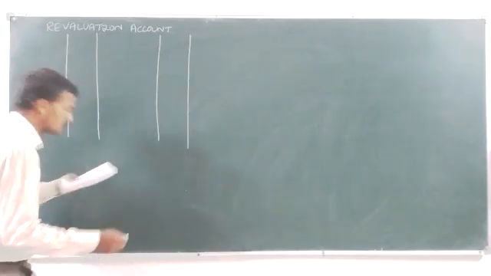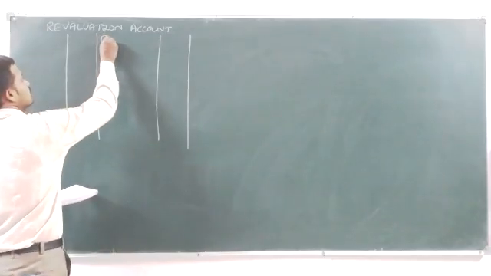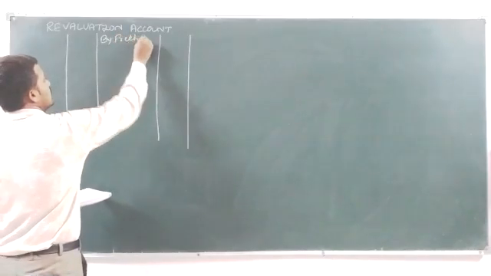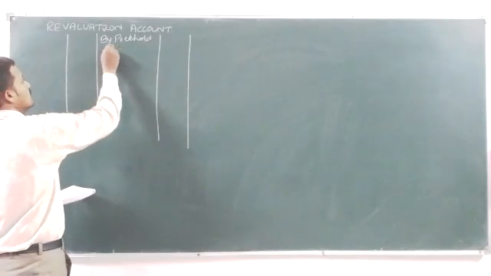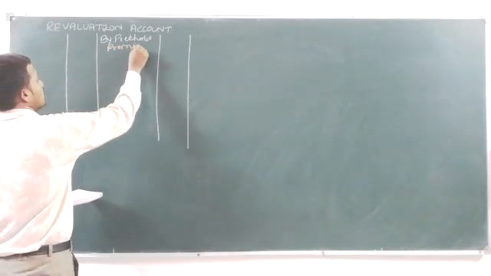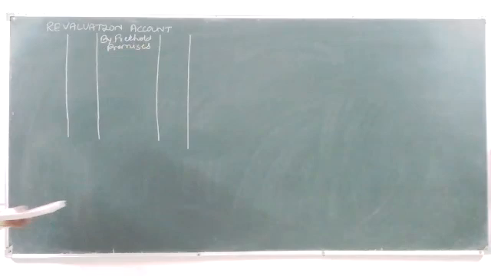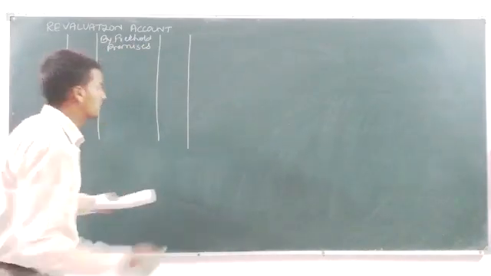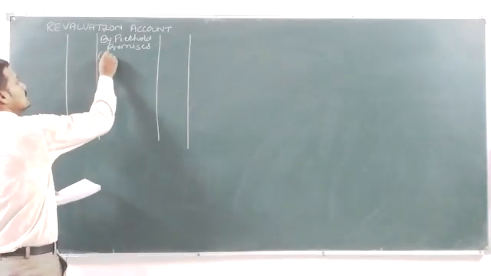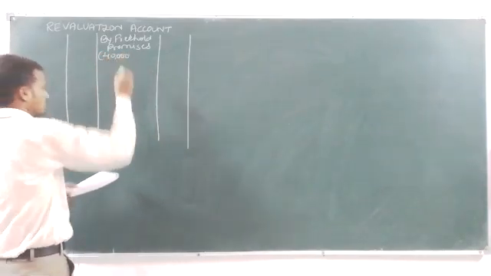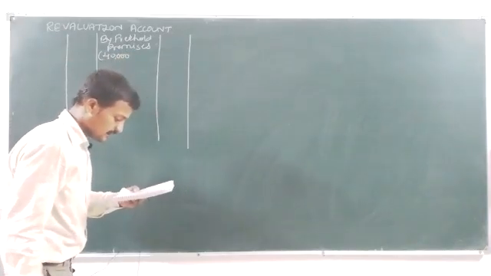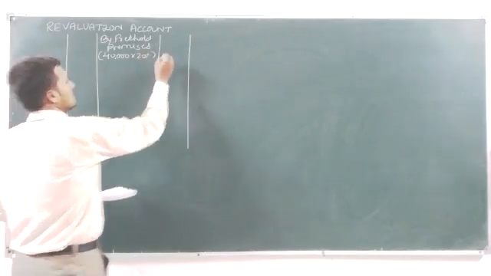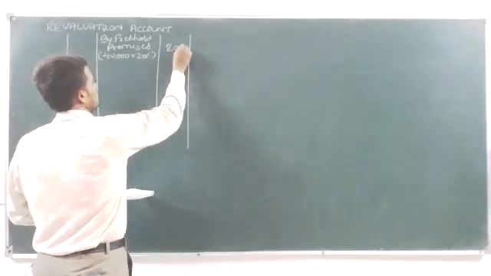So first I write by freehold premises, in brackets 40,000 into 20%. That will be 8,000.